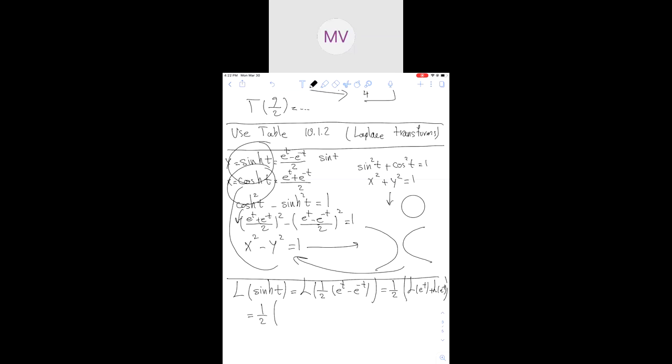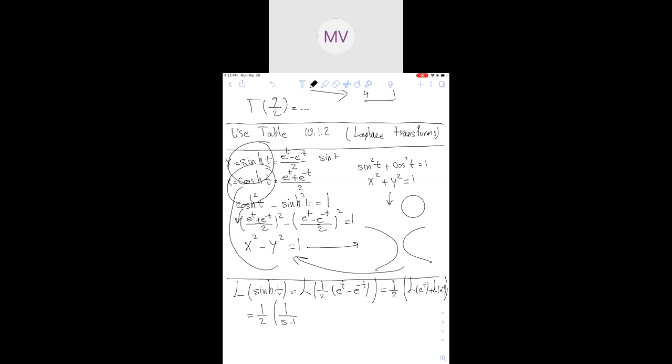You can look at the table, the one on page, whatever it was, 562. So Laplace of e to the t, in fact, is the 5th row of that table. Laplace of e to the t. Thank you, Will. I know it takes time to type it, but I appreciate doing that. It's 1 over s minus 1.